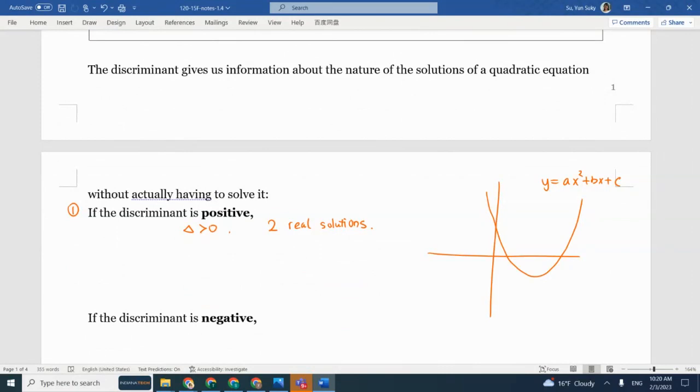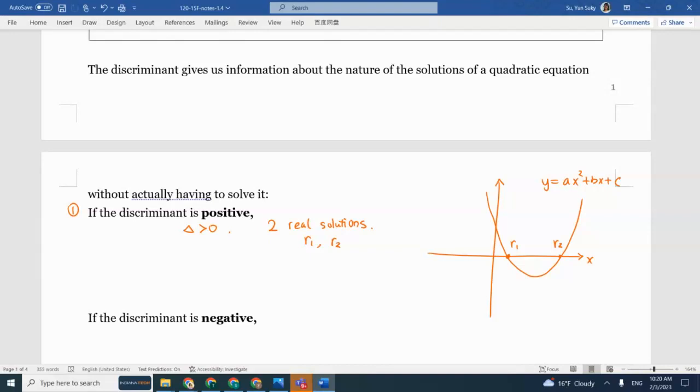And let's say we have two real solutions. They are R1 and R2. Then corresponding to the picture, the solution is actually the x-intercept. So the parabola crosses the x-axis in 2 points, and they are the x-intercepts.